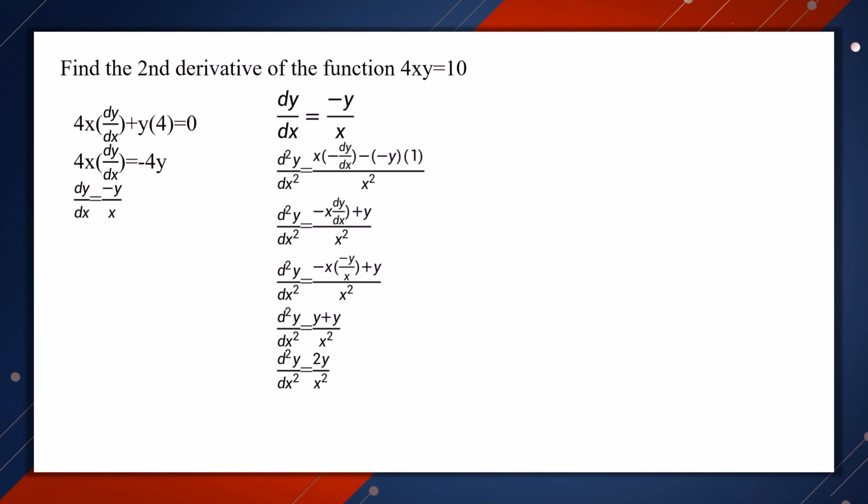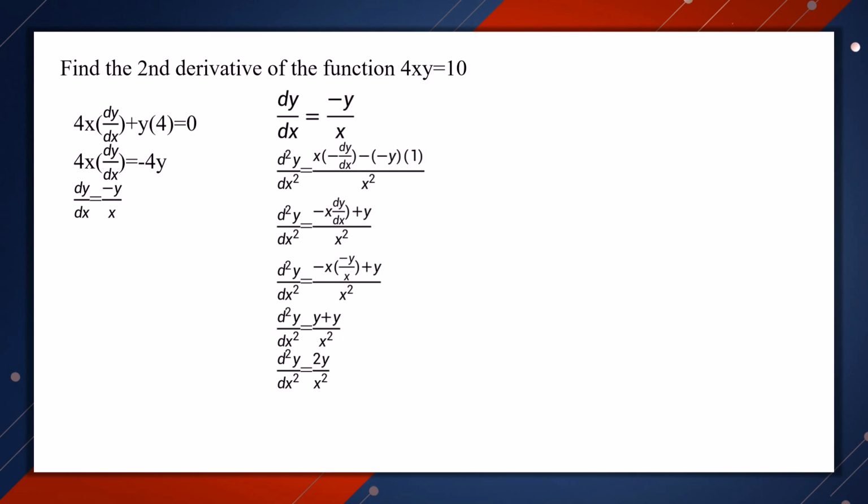d squared y over dx squared equal to x times negative dy over dx minus negative 1 times 1 over x squared. d squared y over dx squared equal to negative x times dy over dx plus y over x squared. d squared y over dx squared equal to negative x times negative y over x plus y over x squared.